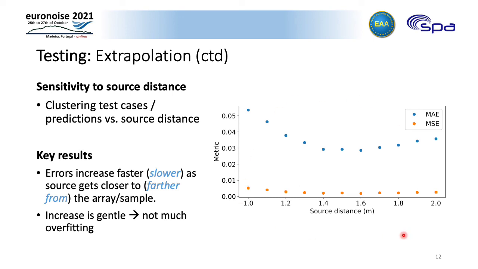These errors increase faster as the source gets closer to the sample, compared to the slower error increase when the source moves away from the sample. We suspect this behavior might be caused by the presence or absence of near fields, but further research is needed to verify this. Lastly, the error increase is rather gentle, which suggests that the network is not overfitting too much.